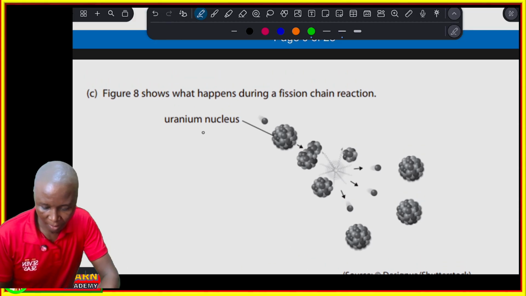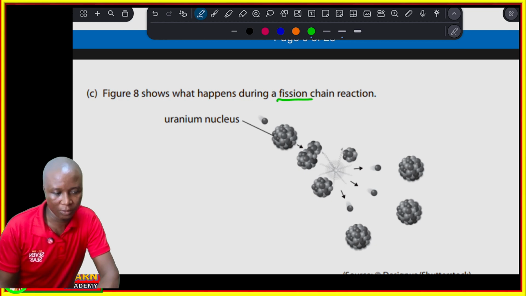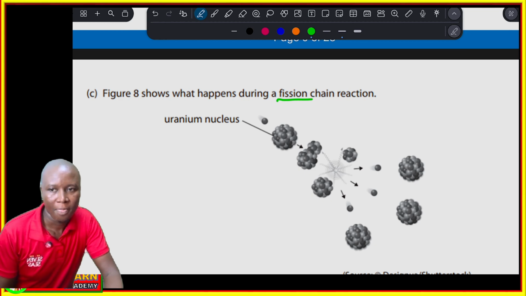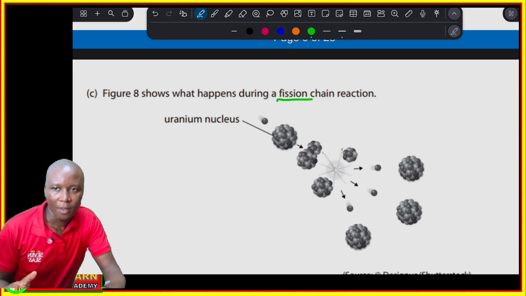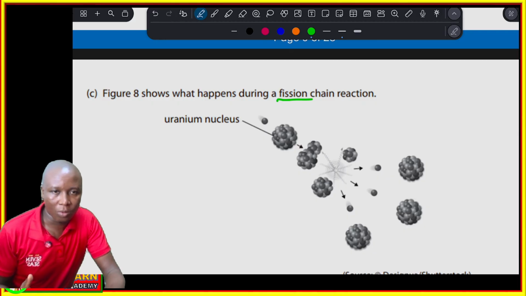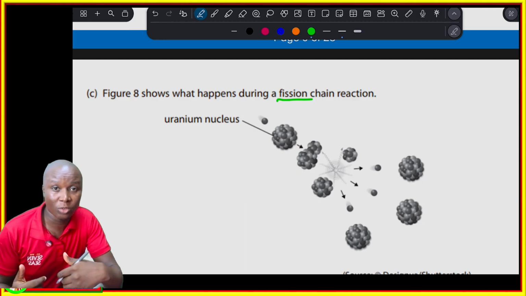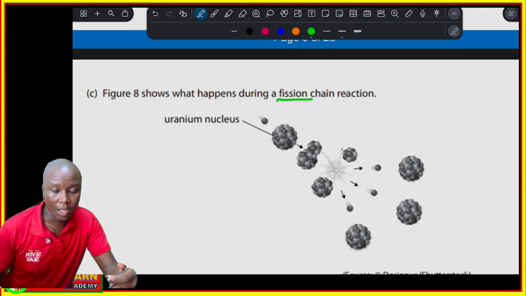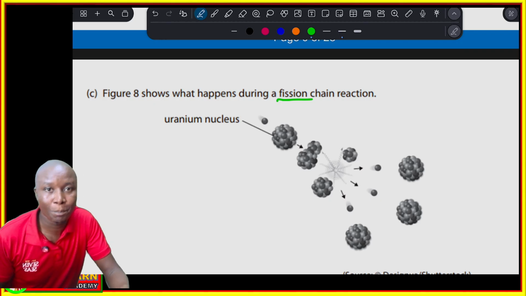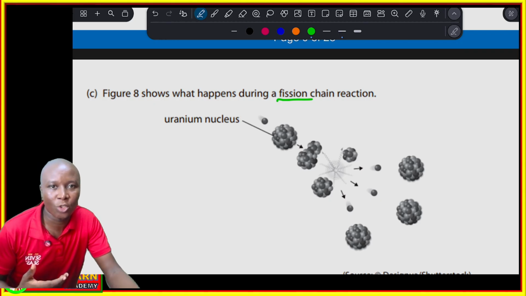Whenever we have this, because this is nuclear fission in a chain reaction. Nuclear fission is whereby unstable uranium-235 absorbs a neutron and then it splits, a heavy nucleus splitting into lighter daughter nuclei.